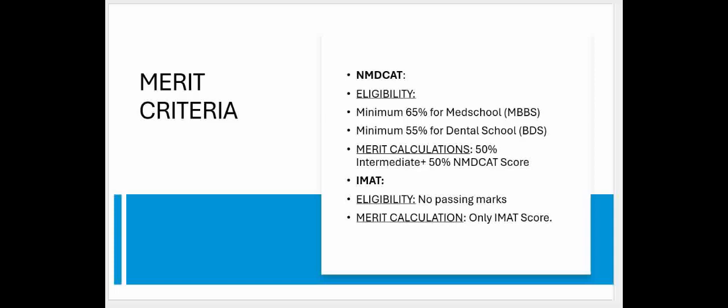And merit calculation goes like 50% MDCAT and 50% intermediate score. Meanwhile, for IMAT, there is no passing marks. I mentioned that most of you must know that, but I came across some people when I was sitting for IMAT who went like, oh no, there is some sort of 50% or 60% passing marks for IMAT, and if you get that, you can just directly go to the school you have chosen, which is wrong.